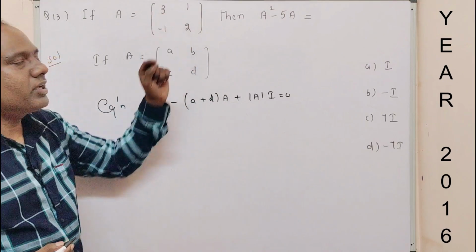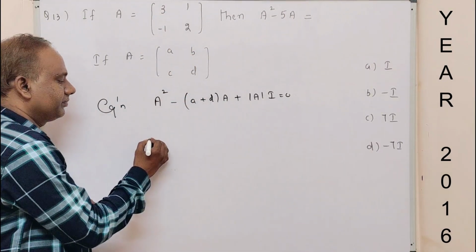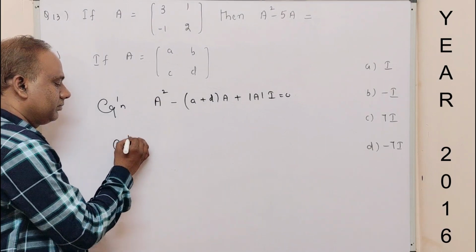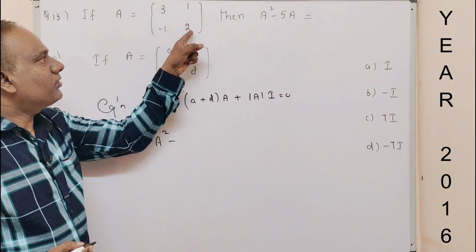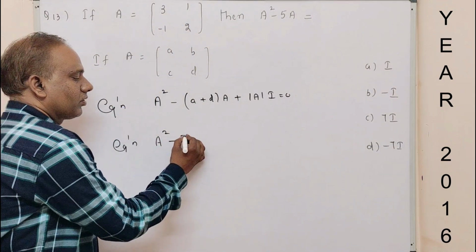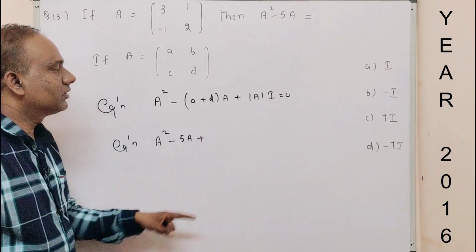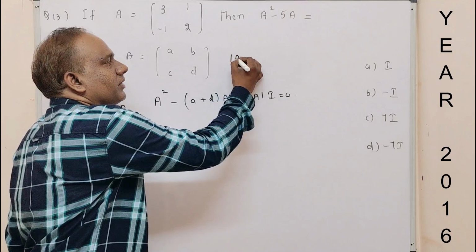So it is also a 2 by 2 matrix. For this, the equation is: first A square minus the sum of the diagonal elements, 3 plus 2, 5A, plus det A into I. Det A value here I calculate.